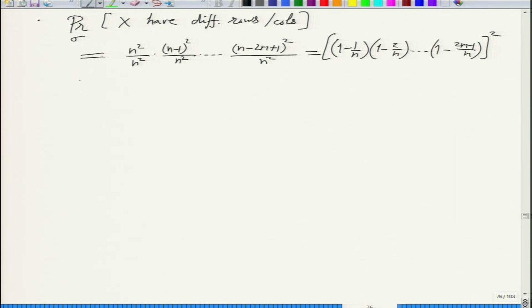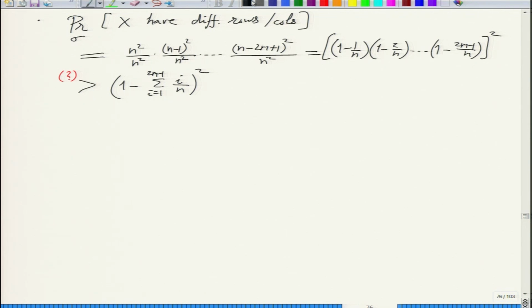So this is greater than 1 minus something. This will need a slight calculation which I am skipping, but the intuition is that you have 1, then a negative term, then a positive term and so on. You can show this easily by induction. Do that as an exercise.